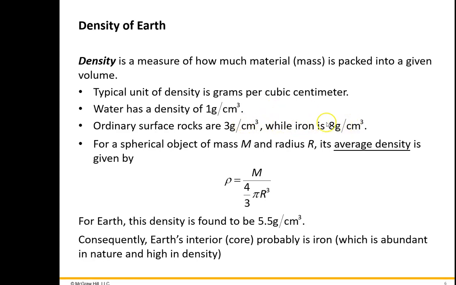So if the average rock is this, water is 1, and iron is close to 8, then how did the Earth have a density of 5.5, which is much greater than the average rock on the ground? There must be a lot of iron in the Earth. That's the point of this. That's what most of the core is made up of, iron.